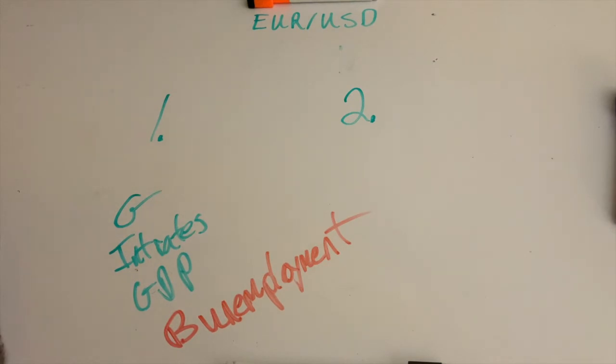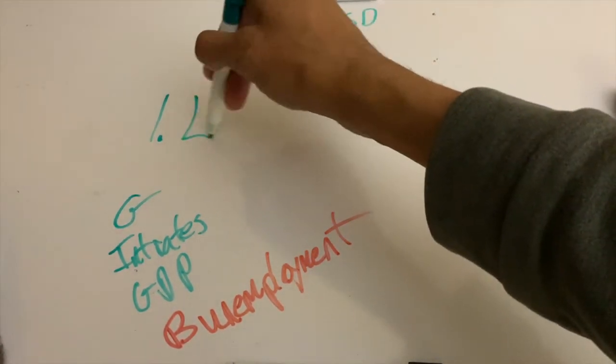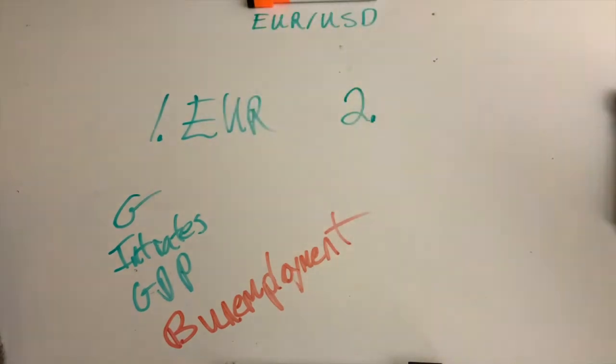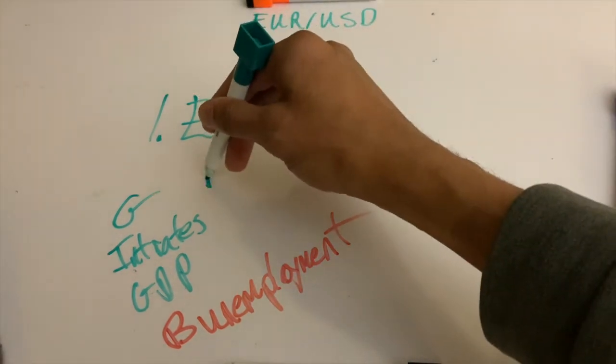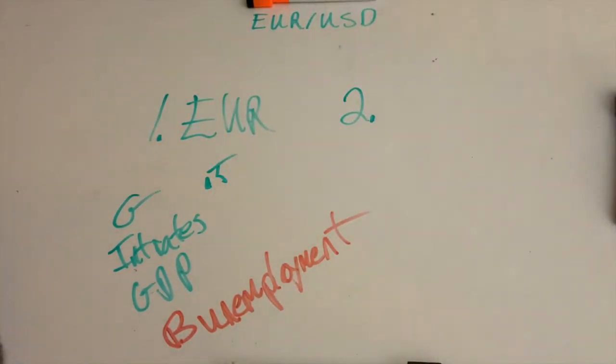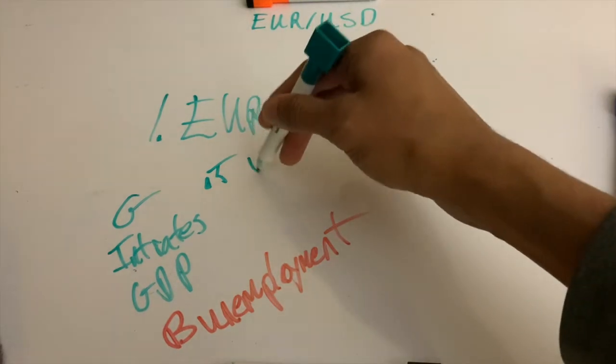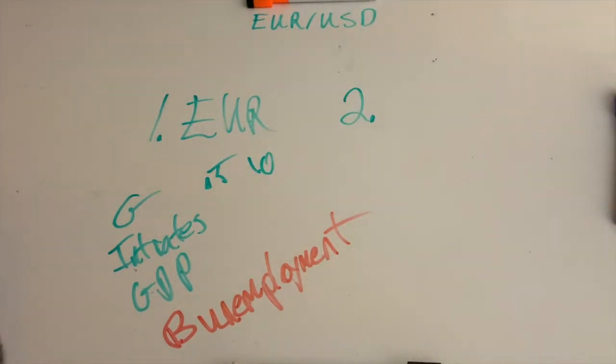Hopefully that makes sense. So let's just take a look at a couple of examples here. Let's say news comes in for our primary currency being the euro. Let's say interest rates were expected to be 0.5, but they come in and they're actually 1.0.